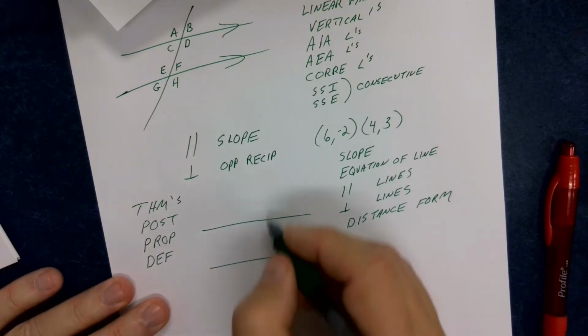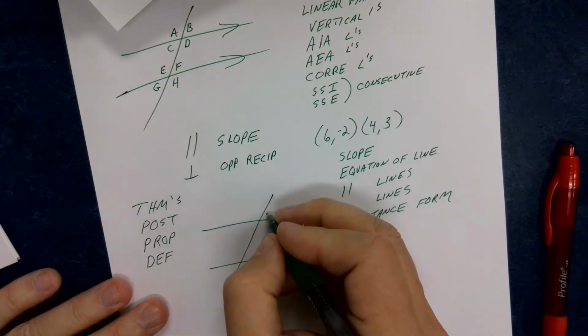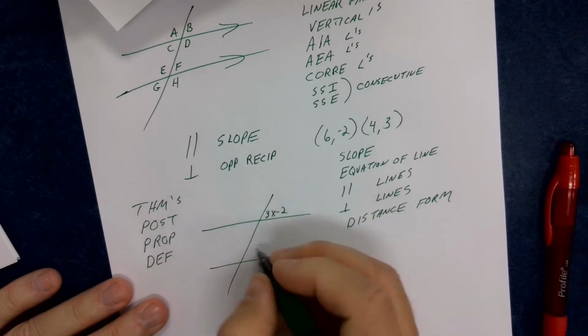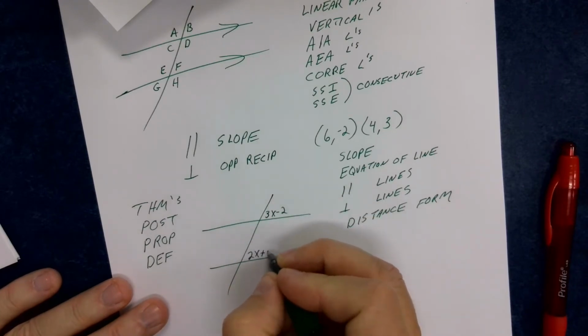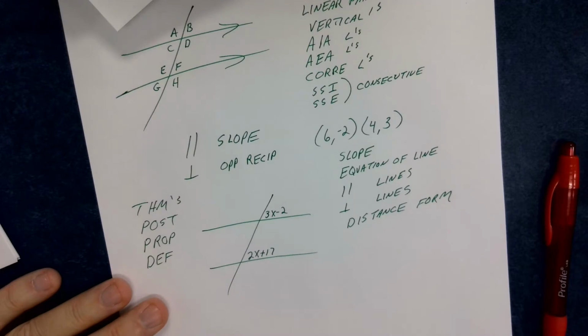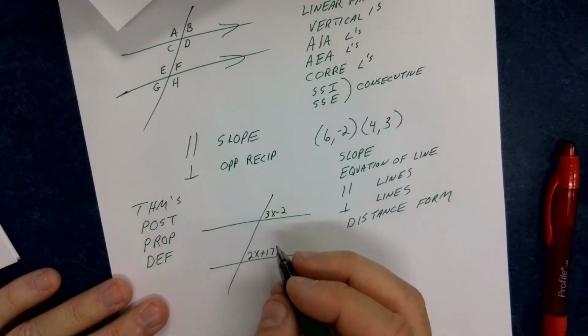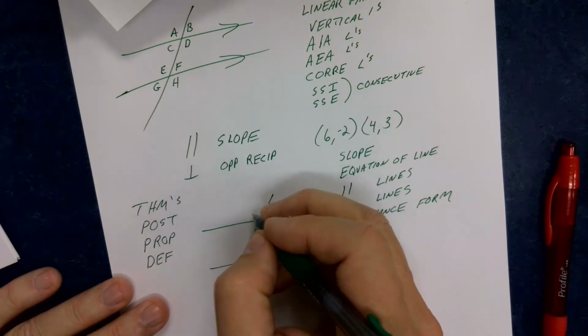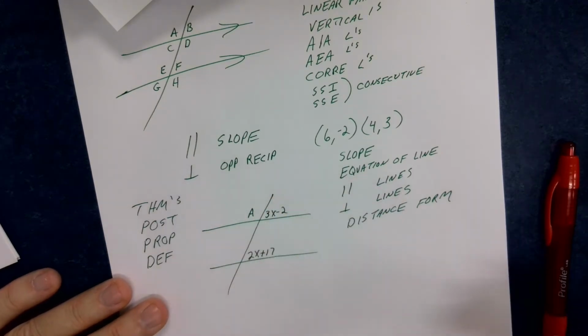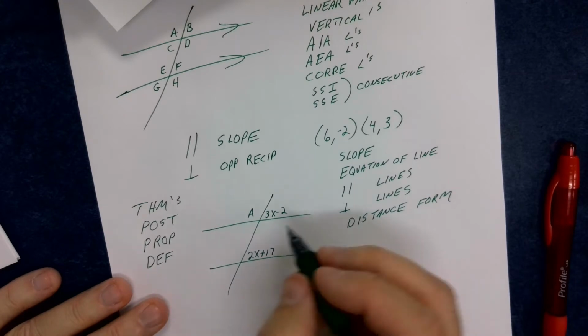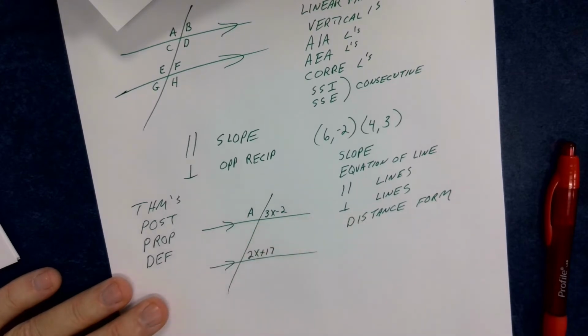For instance, let's say I had this, and I had 3x minus 2, and I had 2x plus 17, and I said find the measure of angle A. Good deal. So you can't do that unless these lines are parallel, so we're going to say given the lines are parallel, because I just marked them that way.